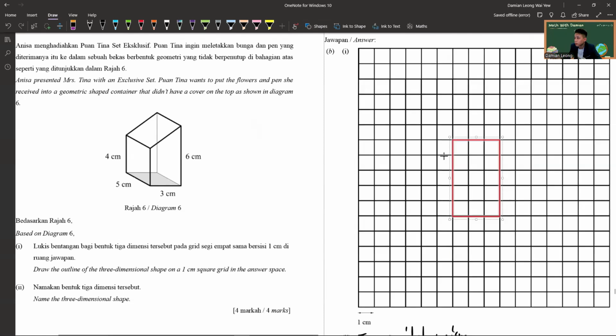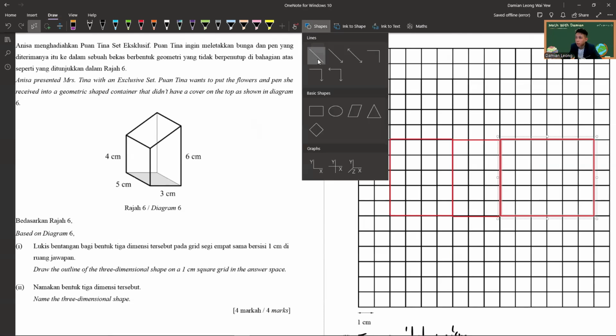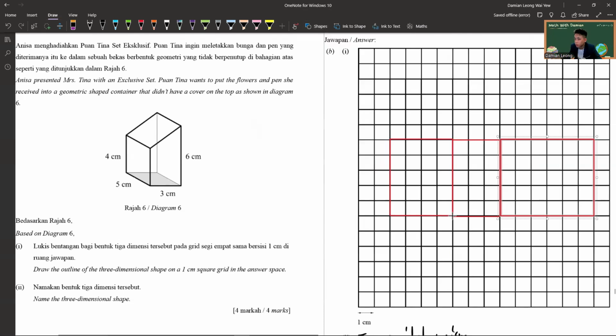This side, let's go 4 cm. The other side would be 6 cm. 6 boxes. Yeah, let's extend from here. So if here is 4 cm, means this side would be the 4 cm.